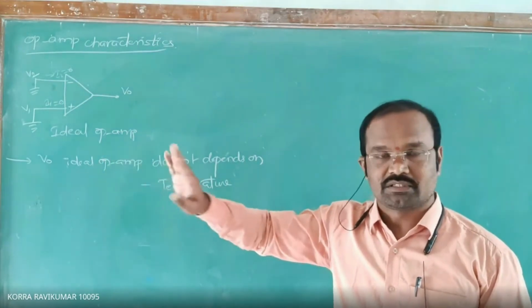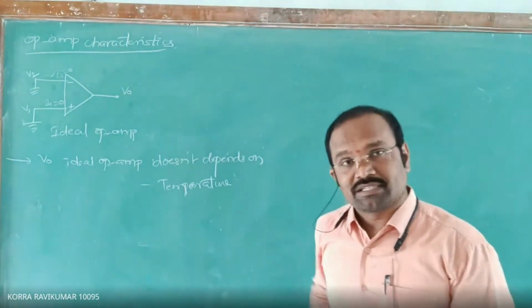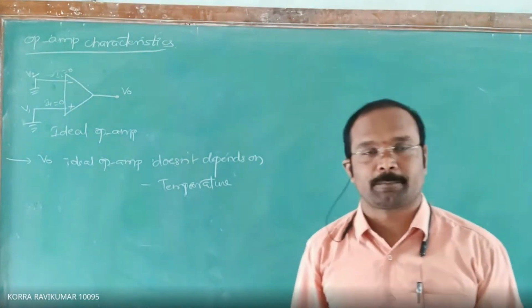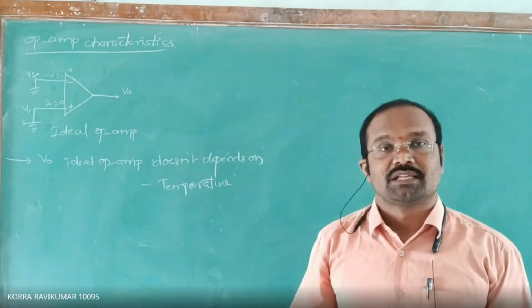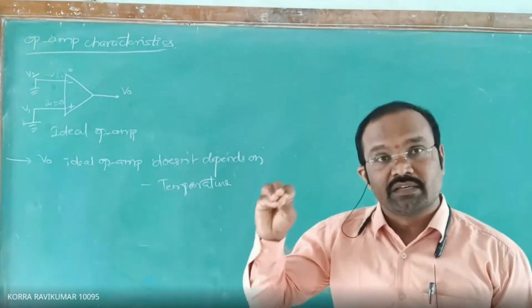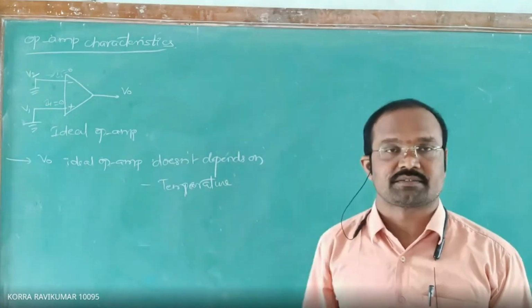Right? Whether the temperature is increasing or decreasing, that's not a matter to the ideal op amp. But this type of condition is not applicable for a practical op amp, because there are a few parameters which influence the output voltage of the op amp in practical cases.